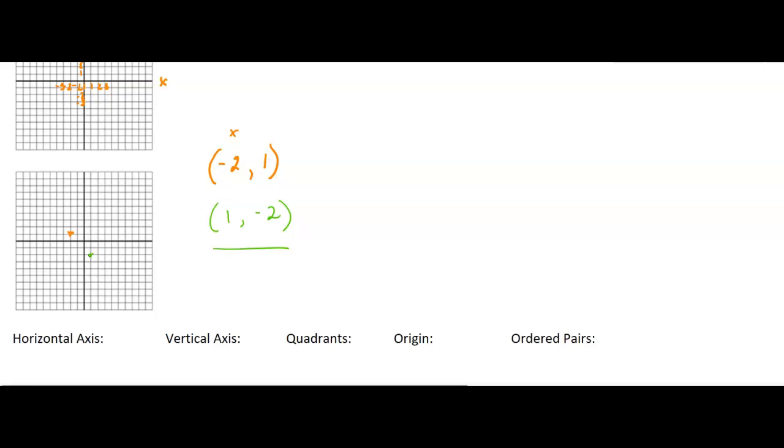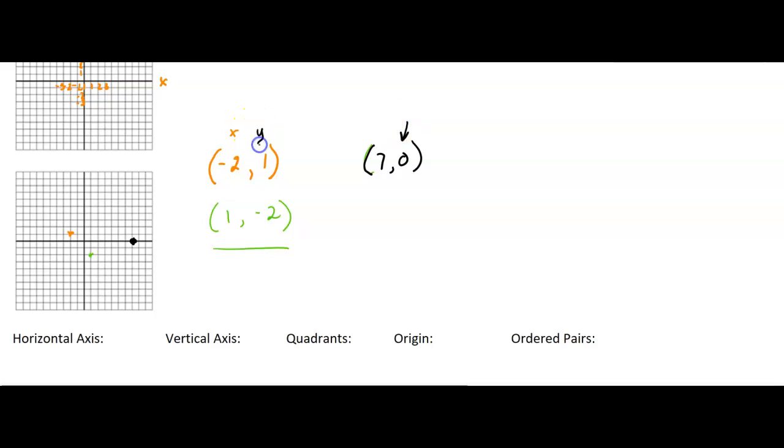Okay. Now, I could have a point like, different color here, like 7, 0. If I were to graph that point, I would go 7 on the horizontal axis, and then I'd be right on the x-axis. I wouldn't go up or down any because of this 0 for the y.